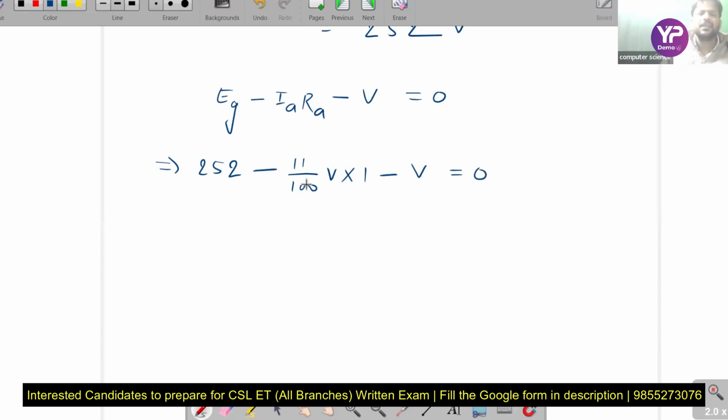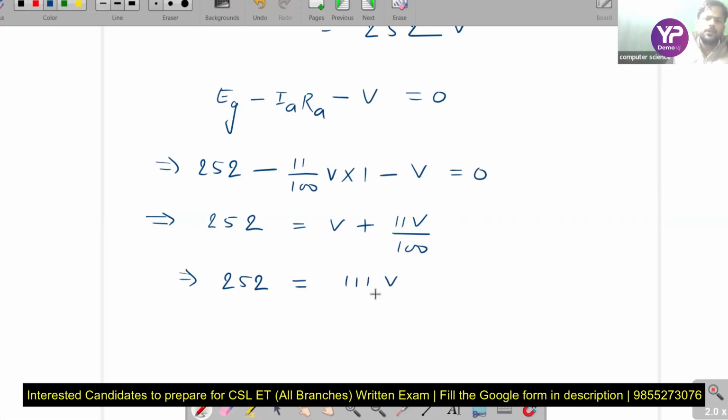Now, if we see here, it clearly shows that this equation has only one unknown, and that unknown is V. So by simplification we get the value of V: 252 equals V plus 11 V by 100. If we simplify this, 252 equals 100 V plus 11 V, that means 111 V upon 100.